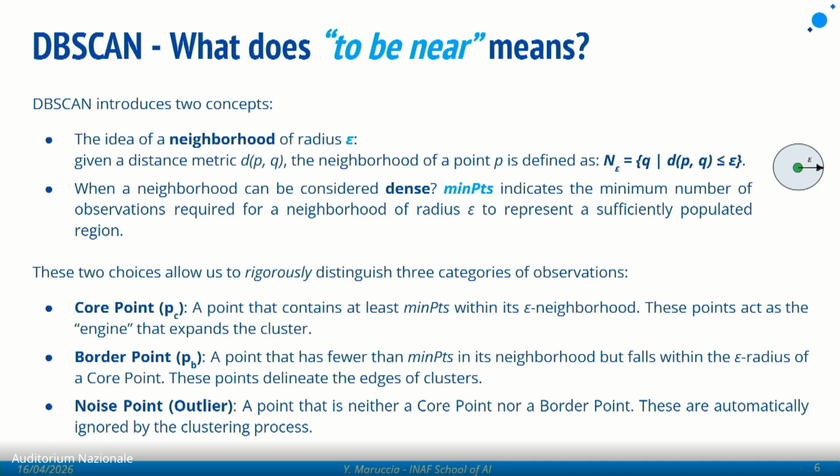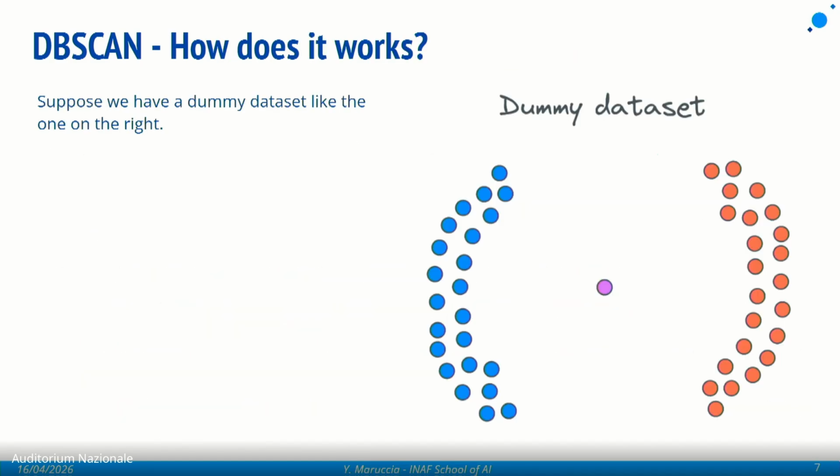Then we have the noise point, the outlier, a point that is neither a core point nor a border point, and these are automatically ignored by the clustering process. Tomorrow you will also see that DBSCAN is one of the algorithms adopted for anomaly detection.